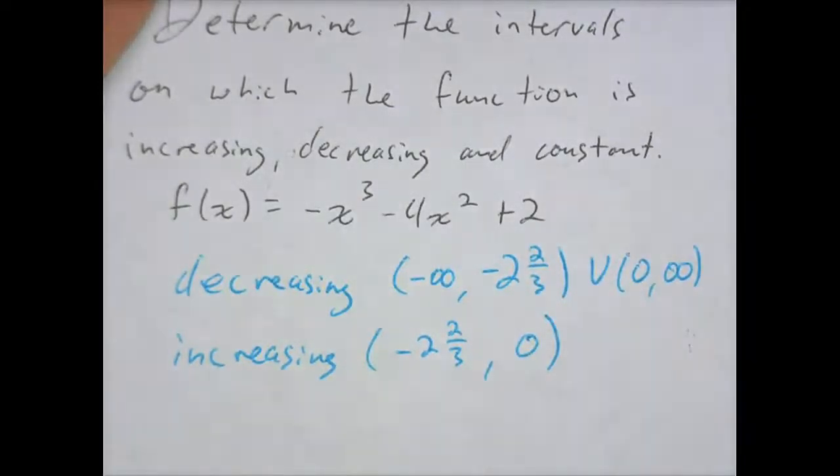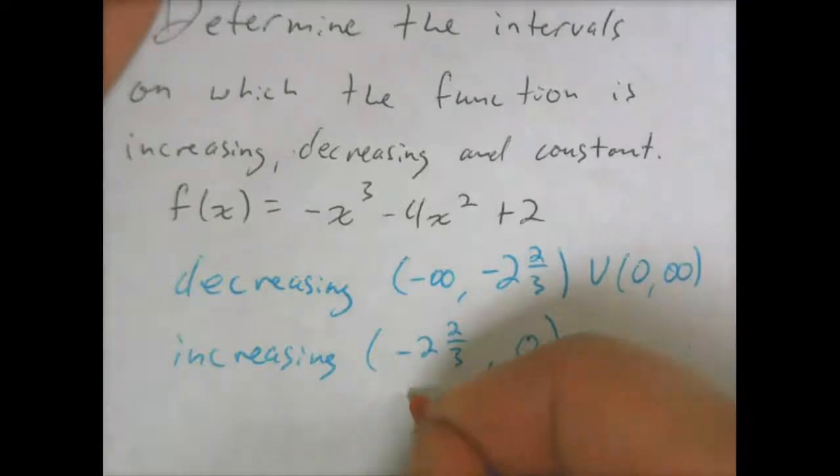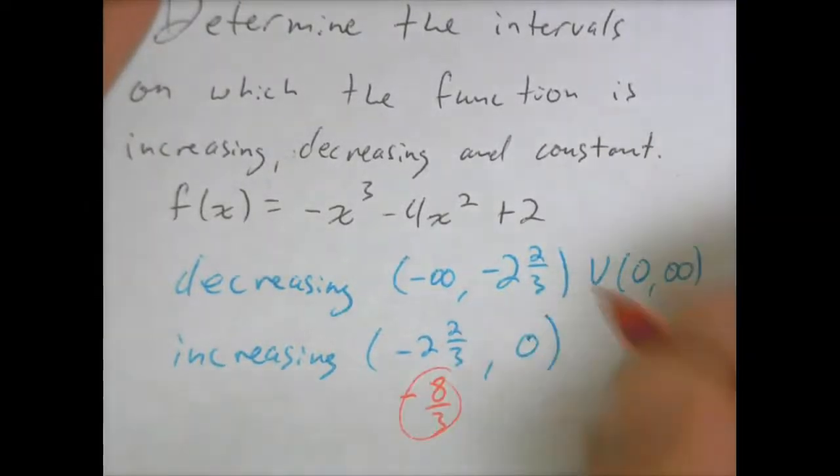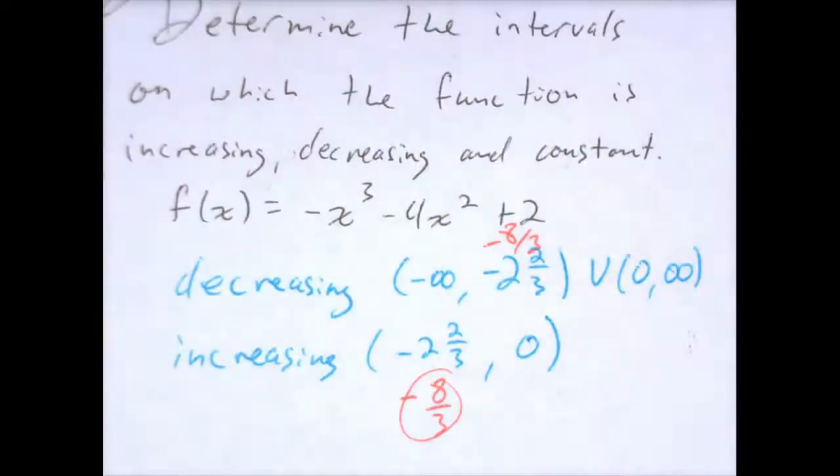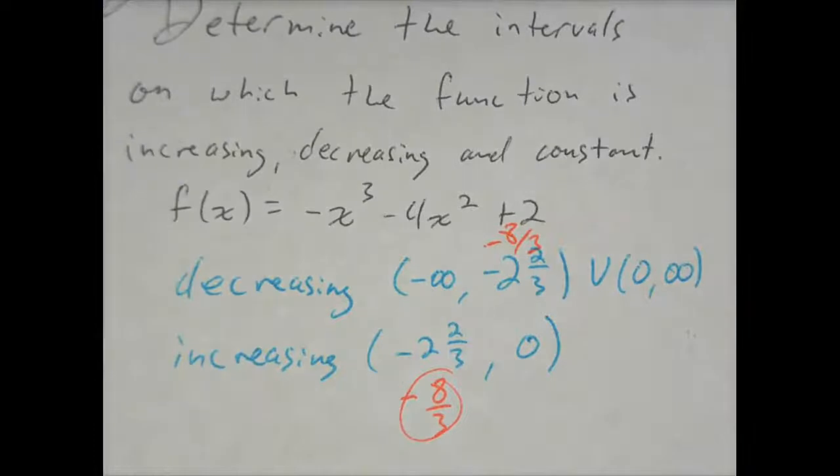Okay, negative 2 2/3 you can also write as negative 8/3, which is actually probably preferred. So you may want to write that as negative 8/3 instead of negative 2 2/3. Okay, that's all there is to that one.